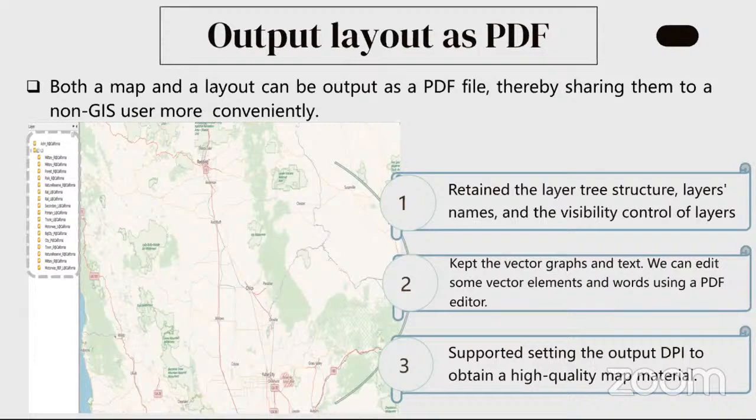We can also keep the vector graphics and text, so we can later edit the vector elements and words by using a PDF editor if you export this map into a PDF file.